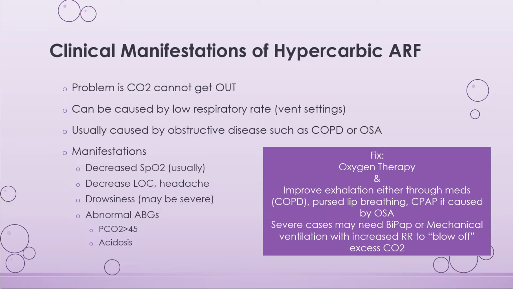And we're going to improve exhalation either through meds or pursed-lip breathing, a CPAP if it's caused by obstructive sleep apnea, or in some cases we may need something a little more invasive, so BiPAP or mechanical ventilation with an increased respiratory rate to blow off excess CO2. So depending on what's going on with the patient, we may have to be a little more aggressive.